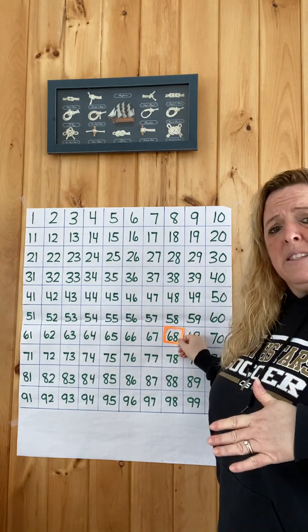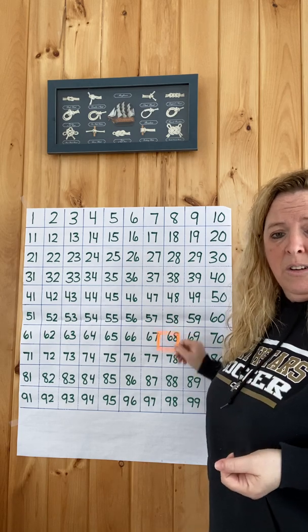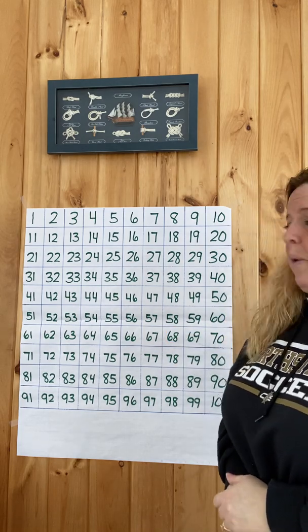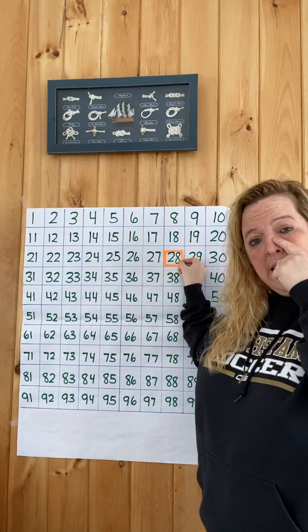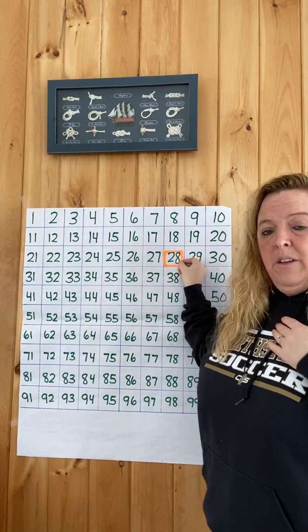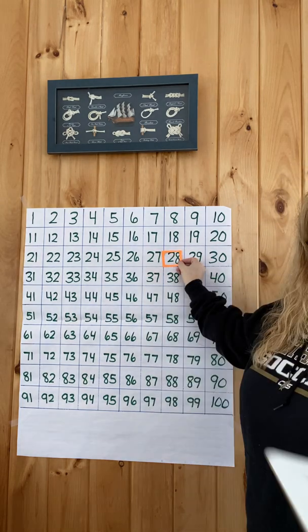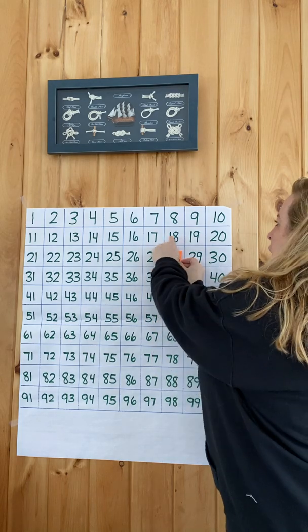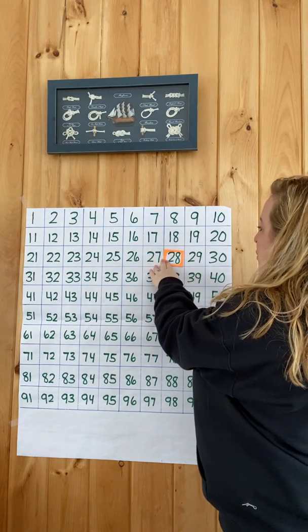To me, that was too many steps, but remember we learned in math that there's lots of ways to get the answer. Let me show you the way where I start with 28. This is the one that has fewer steps that I connect better with. So I have 28, but I have to add 40. So wait a minute, am I going to go up 4? No, that's subtracting. Am I going to go down 4?